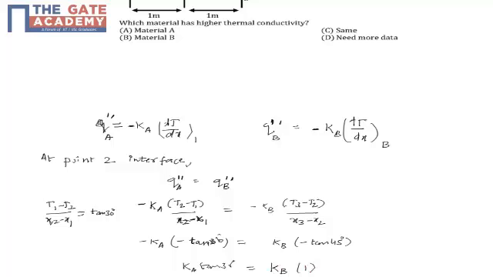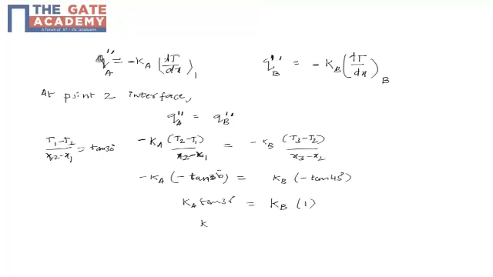So Ka is Kb by tan 30, and tan 30 is less than 1, so Kb by less than 1 will be greater than Kb, and therefore Ka is greater than Kb. So material A has higher thermal conductivity, so the option is A.